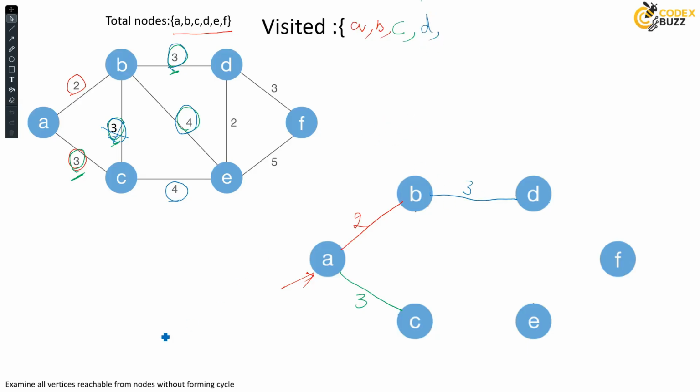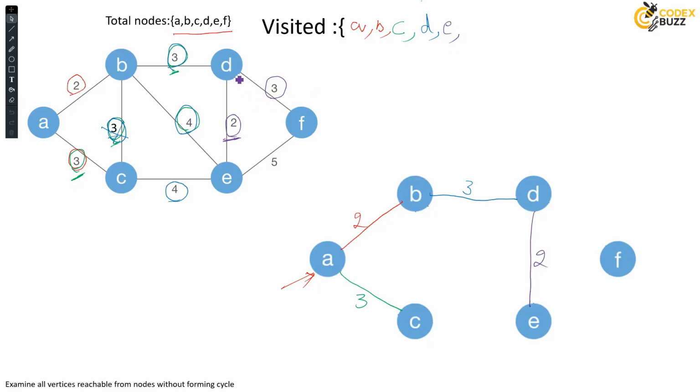Again repeat the process. Examine all the edges that connect the visited nodes and select the minimum weighted edge. I have DF and DE, right? So out of these, I have the minimum weighted edge DE with 2, and marking E as visited.